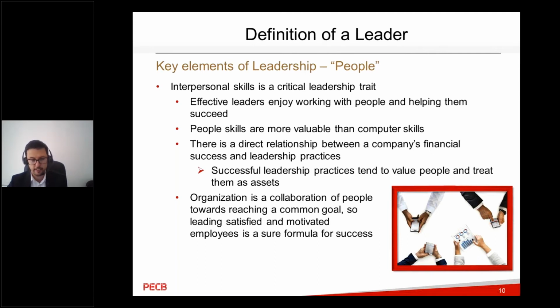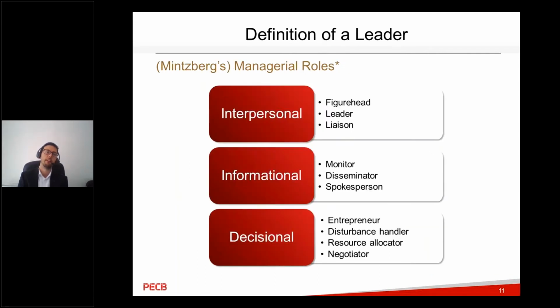So let us revisit what are the roles that are needed by the manager, and we will see why we are revisiting the managerial roles of Mintzberg. When we talked about the roles of the manager, we claimed that they fall loosely into three categories: interpersonal, informational, and decisional roles.